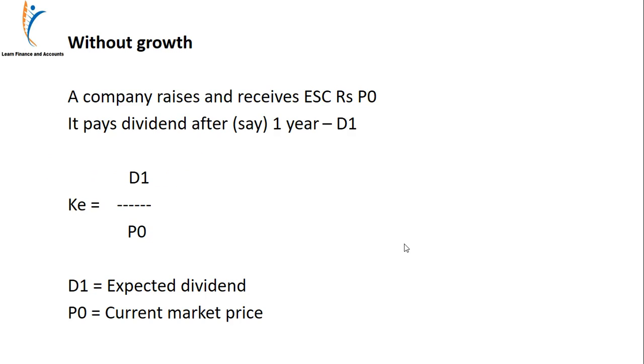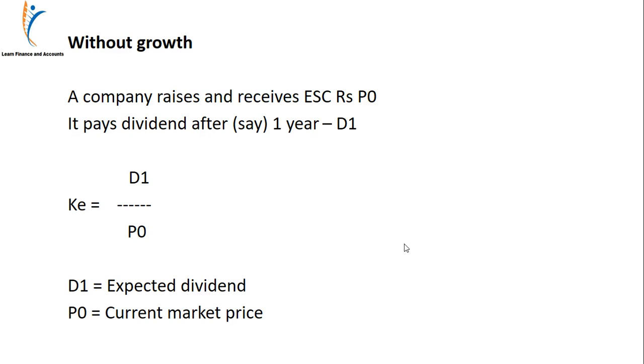It is calculated by the formula KE is equal to D1 divided by P0. Now, suppose a company raises equity share capital and the share price is P0. What is P0? P0 is the price as of today, and it pays a dividend after say 1 year. That dividend is known as D1.